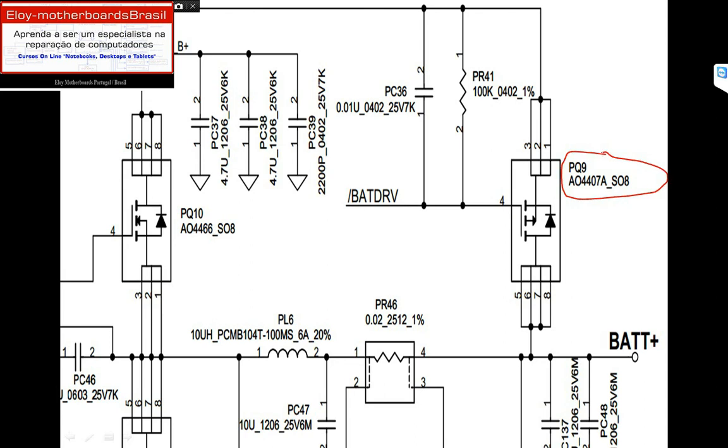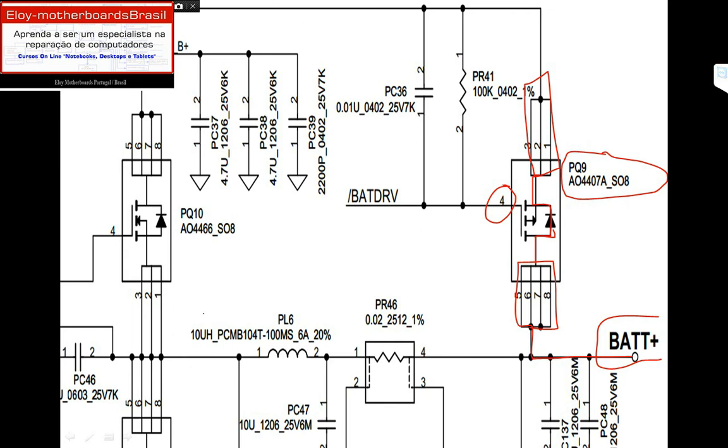So doing our analysis, this signal called battery plus will be present here from pin number 1 of the battery connector, and it will go to the drain. As you can see, this diode is inverted, so the voltage will be present here even without the gate being activated.